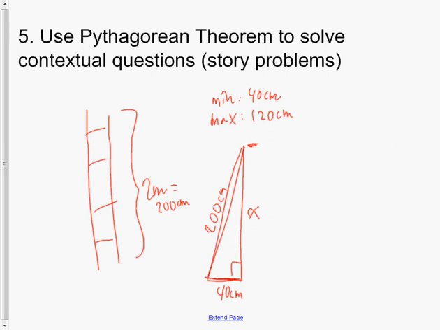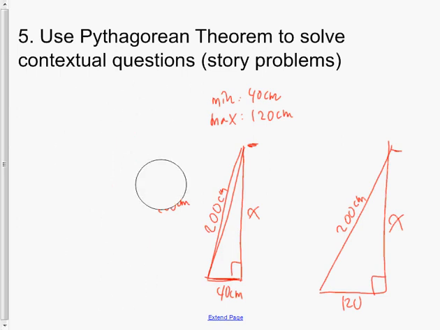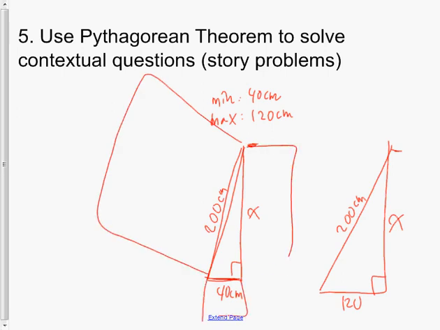In our second situation, there's our wall again. The distance from the wall increases to 120, but my ladder's length doesn't. It's still 200 centimeters. And the distance up the wall is going to be different. It's going to be x this time. So in both situations, we are missing the leg of a right triangle, and we know the hypotenuse and one of the legs. So I'll solve them using drawings, and I'll solve them using squares.